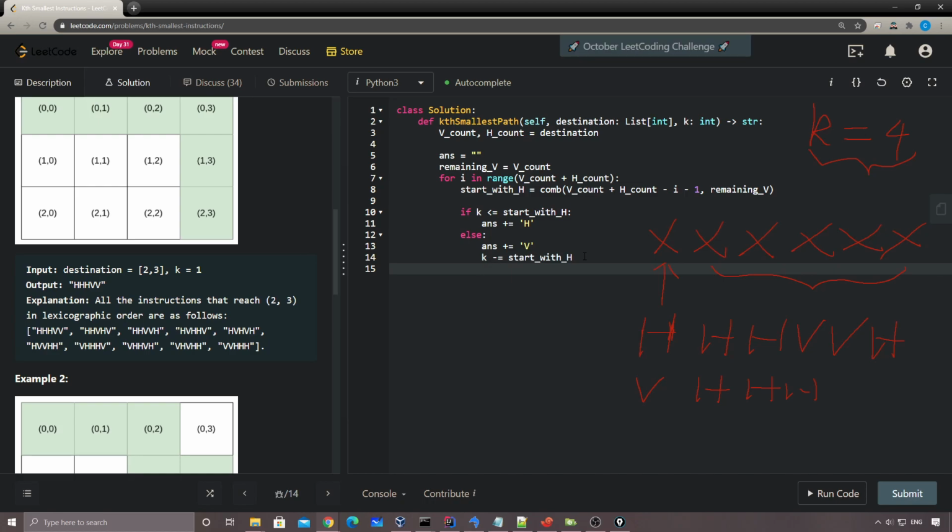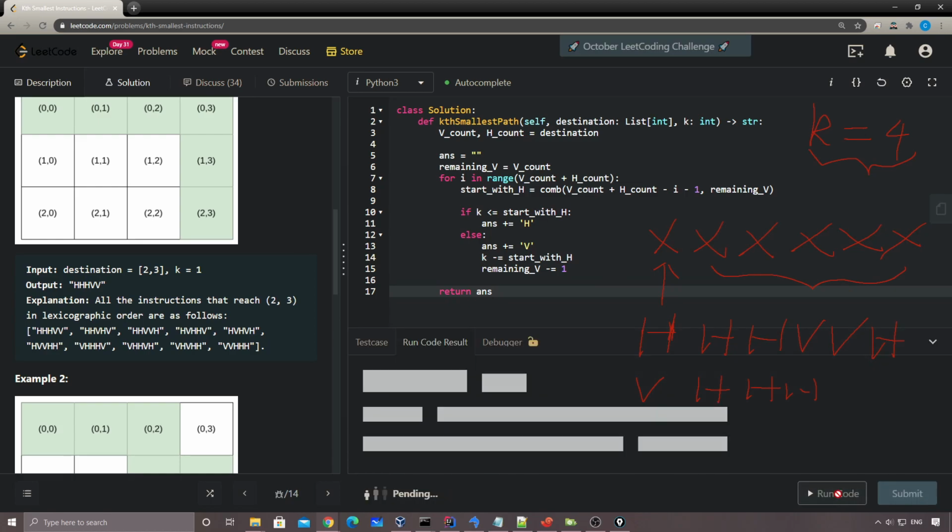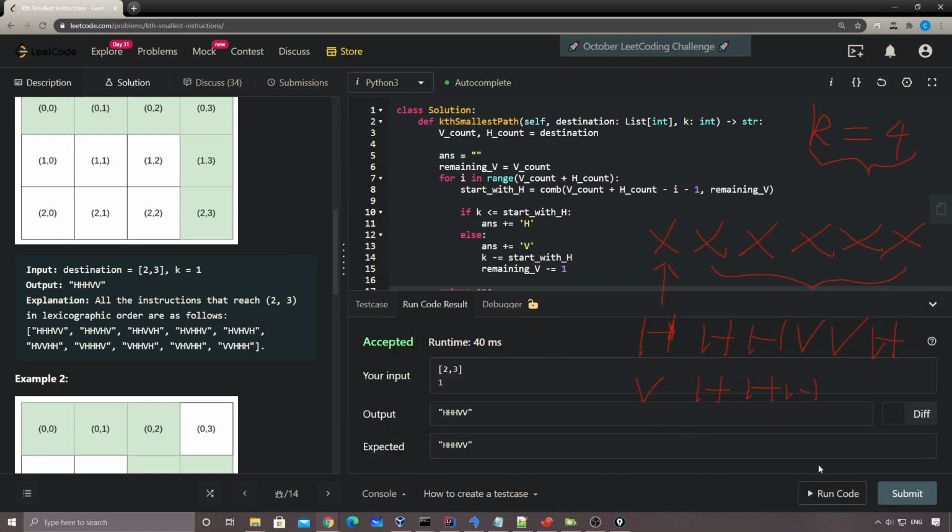And since we're putting a V here, I'm going to also decrease this remaining V by 1. And here later on I just need to return the answer. Yeah, so let's run the code here. Okay, cool, submit.